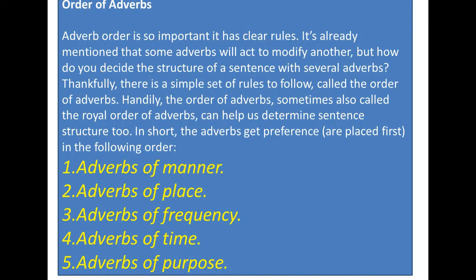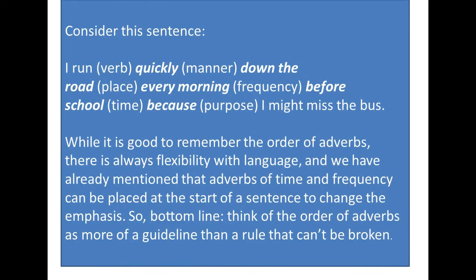Handily, the order of adverbs, sometimes also called the royal order of adverbs, can help us determine sentence structure too. In short, the adverbs get preference in the following order: adverbs of manner, adverbs of place, adverbs of frequency, adverbs of time, adverbs of purpose.